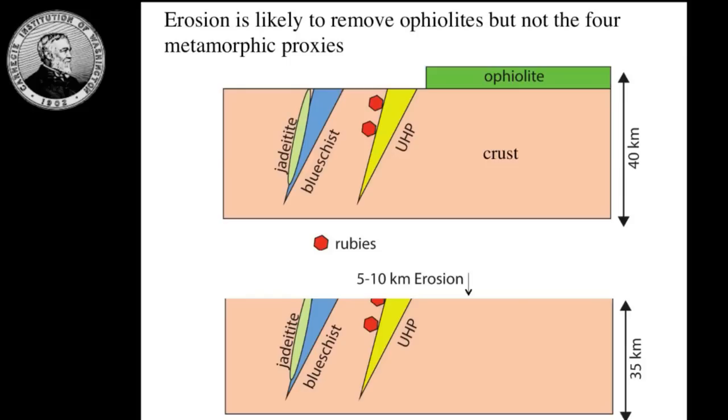So the erosion argument, for people that want to dismiss the geologic evidence, doesn't work. And it's been responsible for a kind of rejuvenation of metamorphic petrology, because it's now such a central part of this discussion.